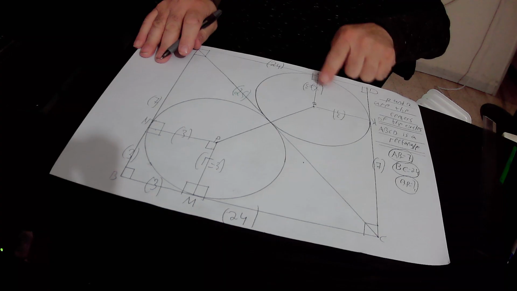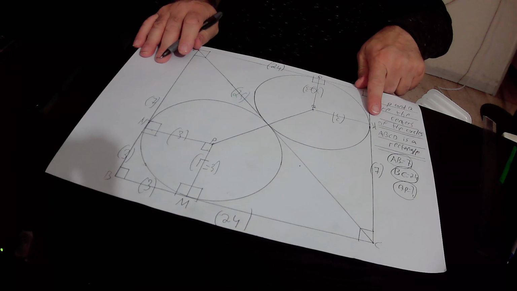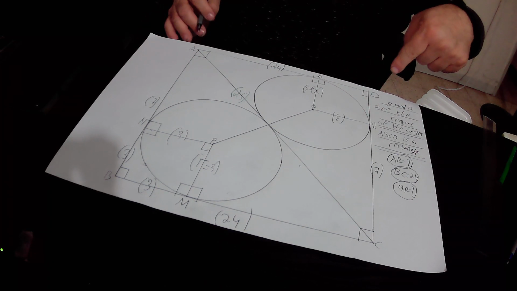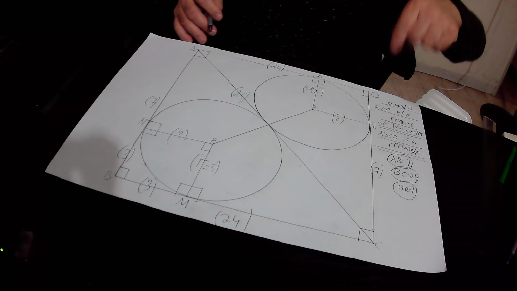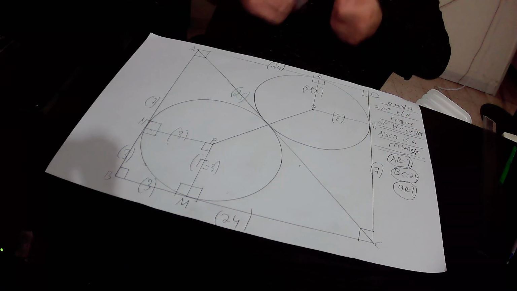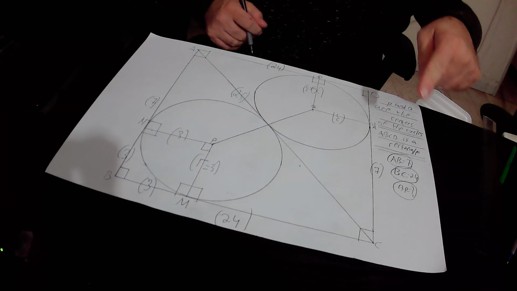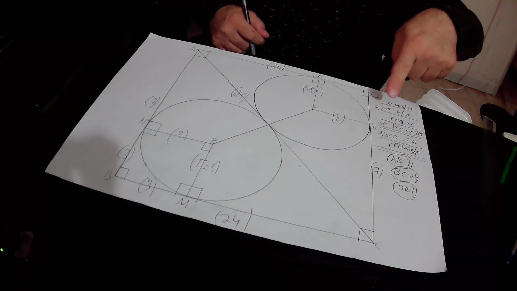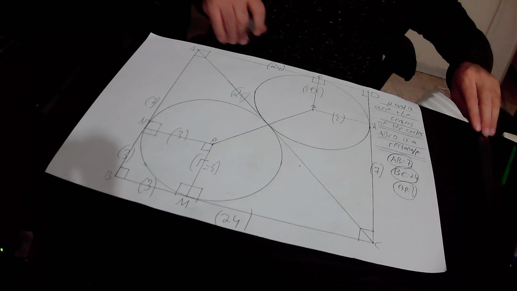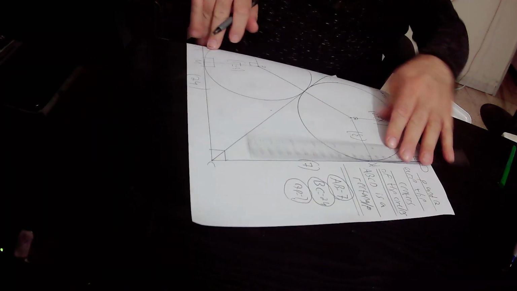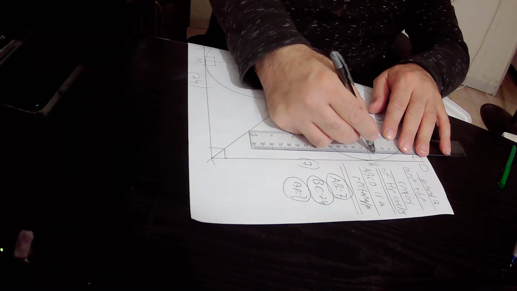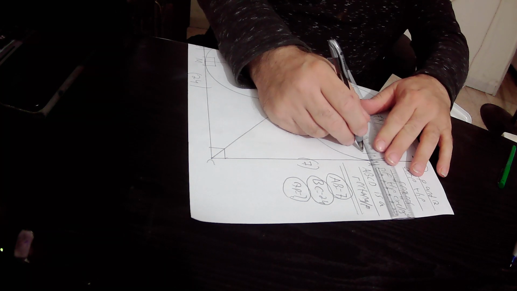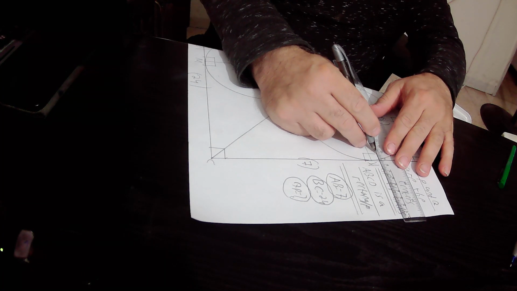The radius QK is drawn to point K, the point of tangency of tangent DC with this circle, and whenever a radius is drawn to the point of tangency, the tangent CD will be perpendicular to the radius KQ. That is to say, this angle equals 90 degrees, and this angle will also be equal to 90 degrees according to rule number 1.